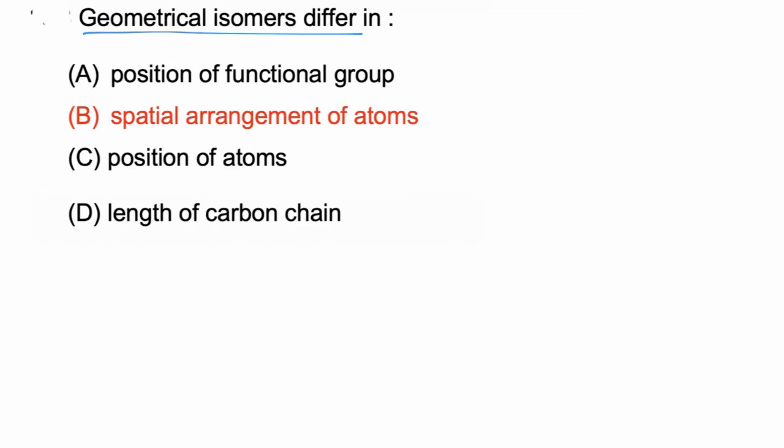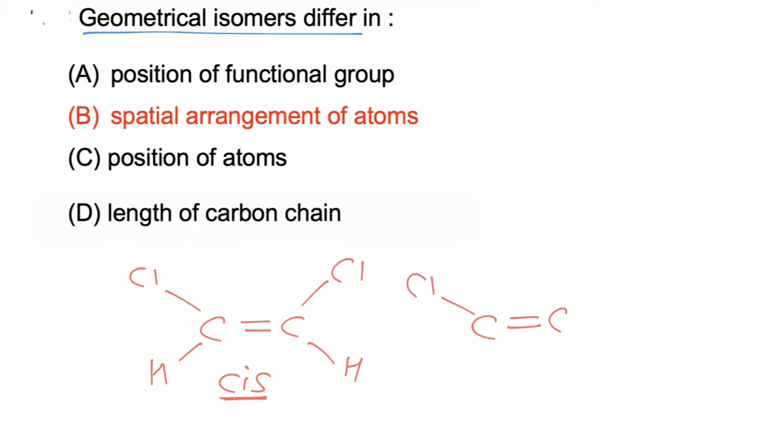If two molecules are geometrical isomers, they differ in arrangement of atoms in space. For example, 1,2-dichloroethene has both Cl groups in the same direction, so this is cis configuration, and if the Cl groups are attached in opposite directions, this is trans configuration.